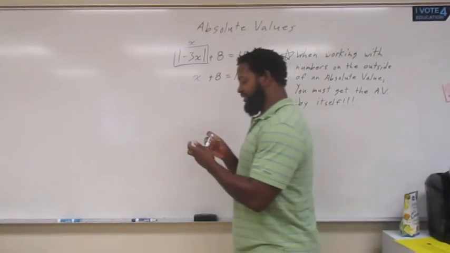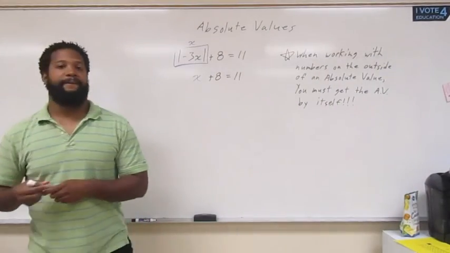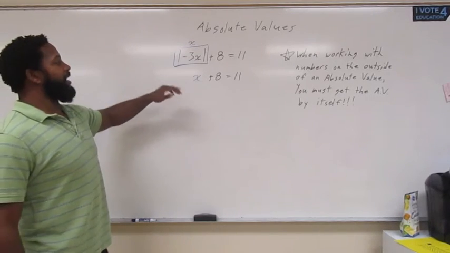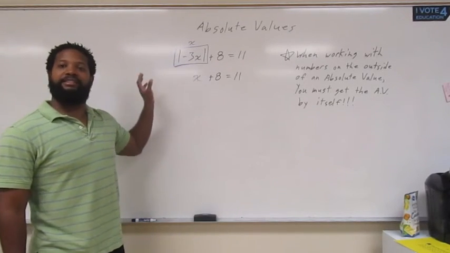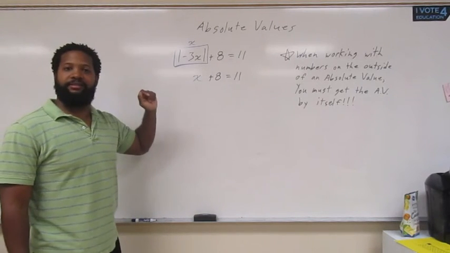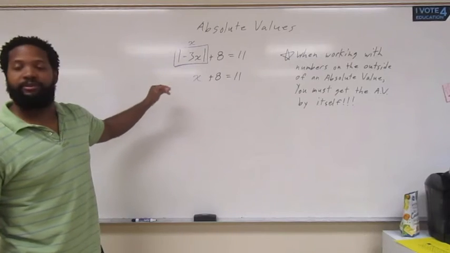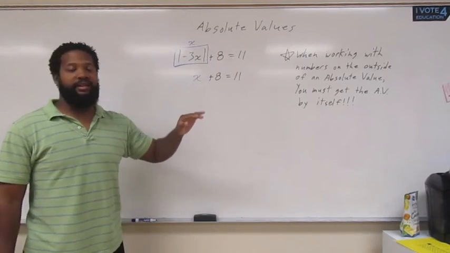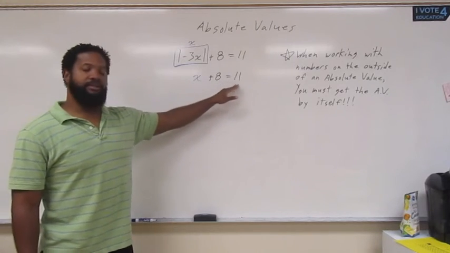Treat it like it is a variable. Okay? Get it by itself. So, what I did, I took my absolute value and I just put it into this box. And I named my box X. So, instead of my formula reading the absolute value of negative 3x plus 8 is equal to 11, it's just x plus 8 is equal to 11.